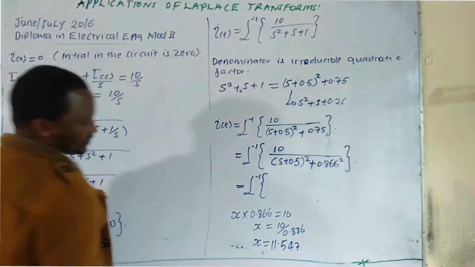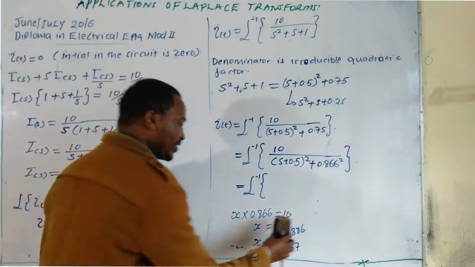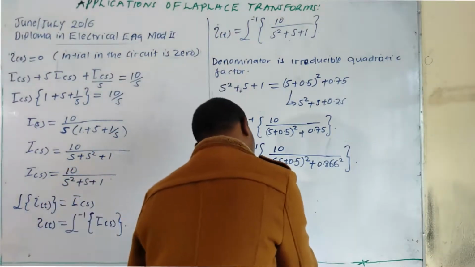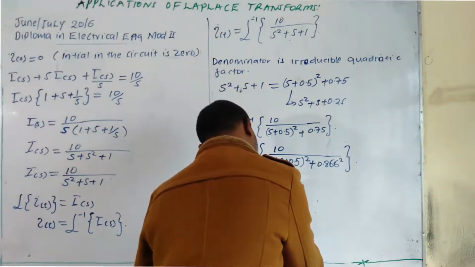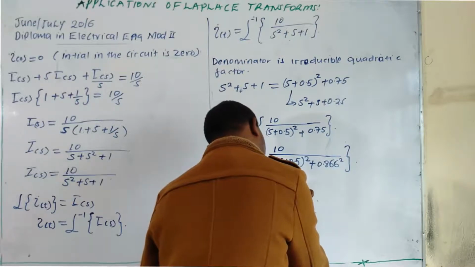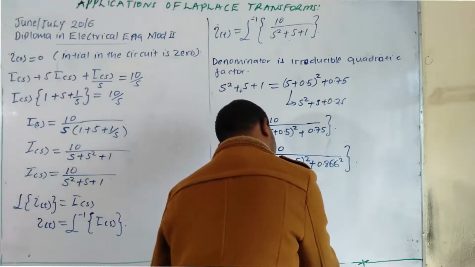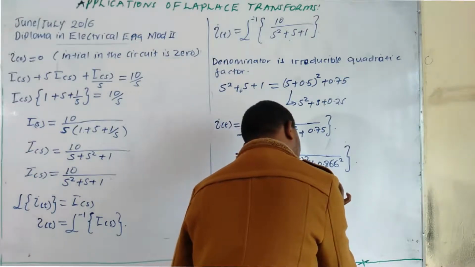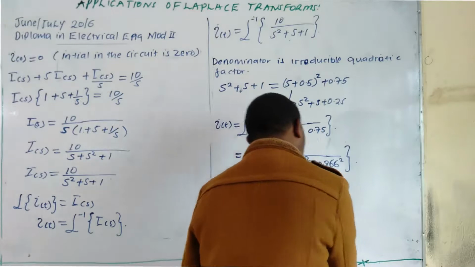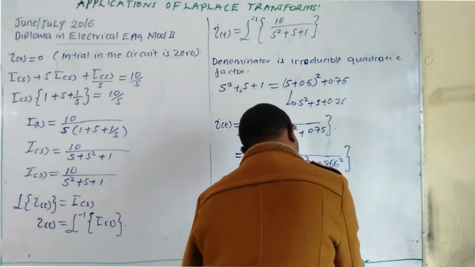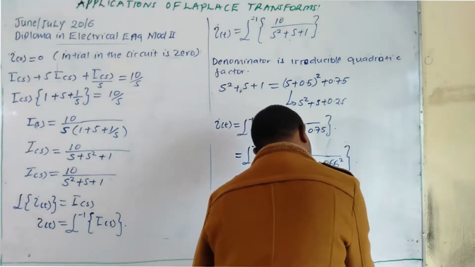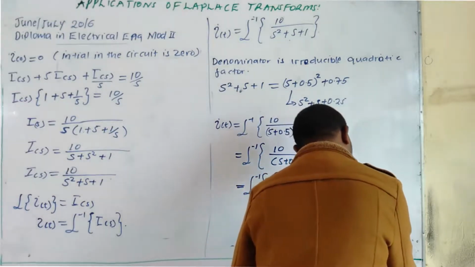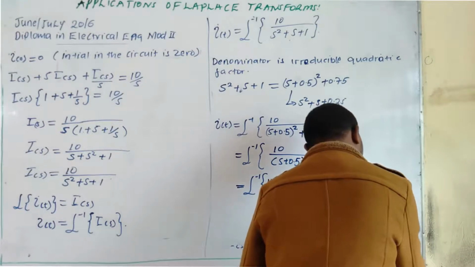X is equal to 11.547. So now I will say this is 11.547 times 0.866 over (s plus 0.5) squared plus 0.866 squared.